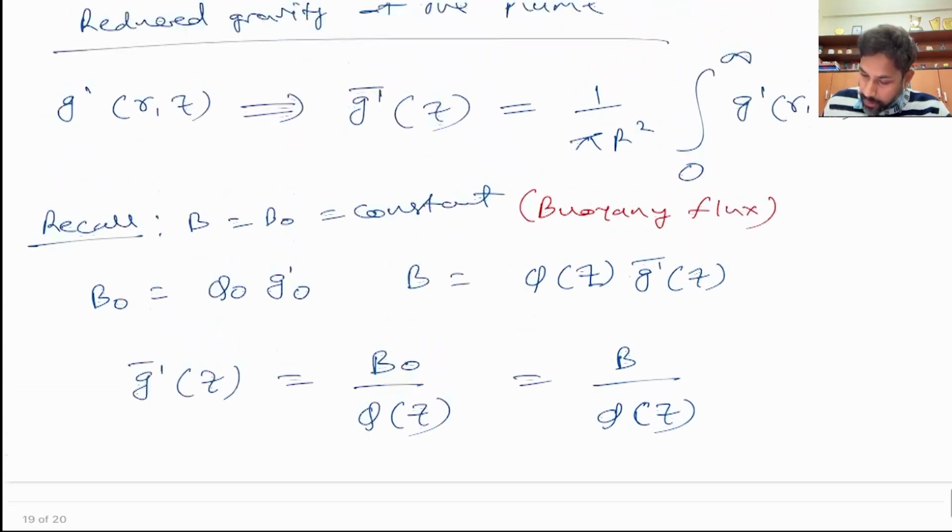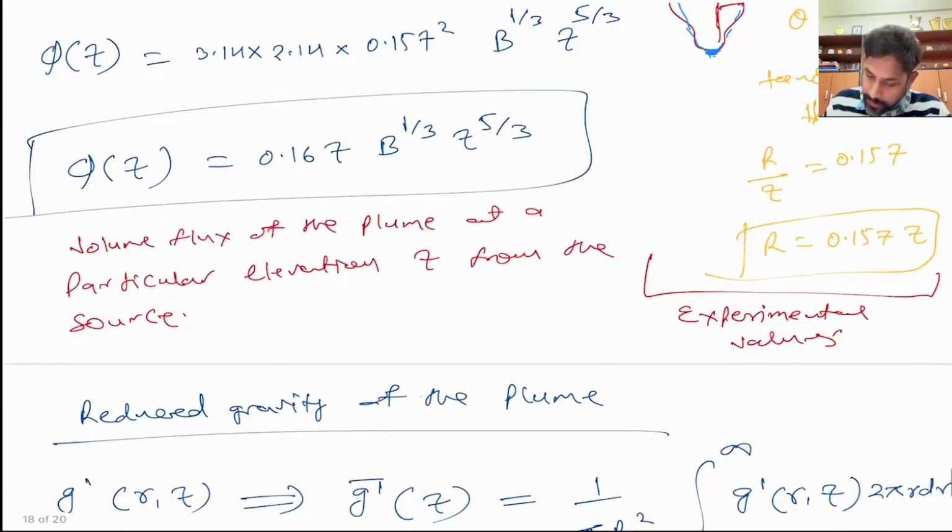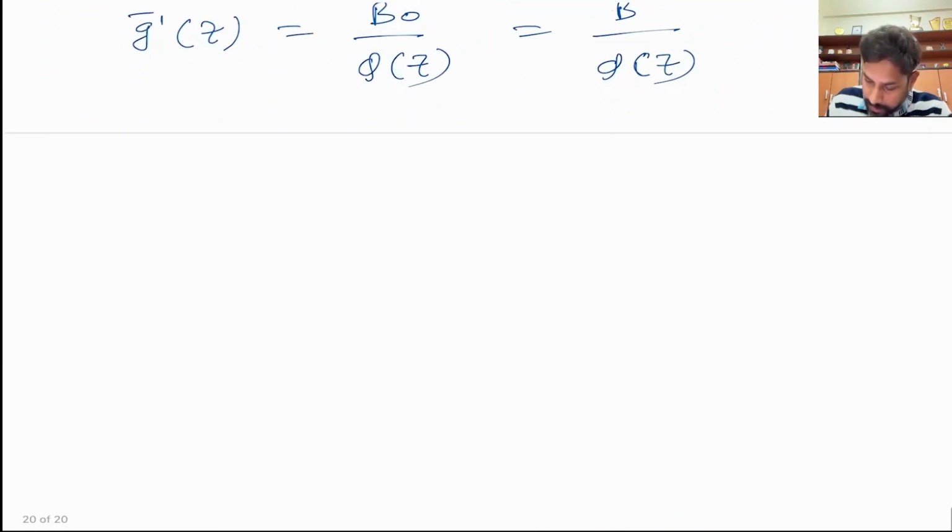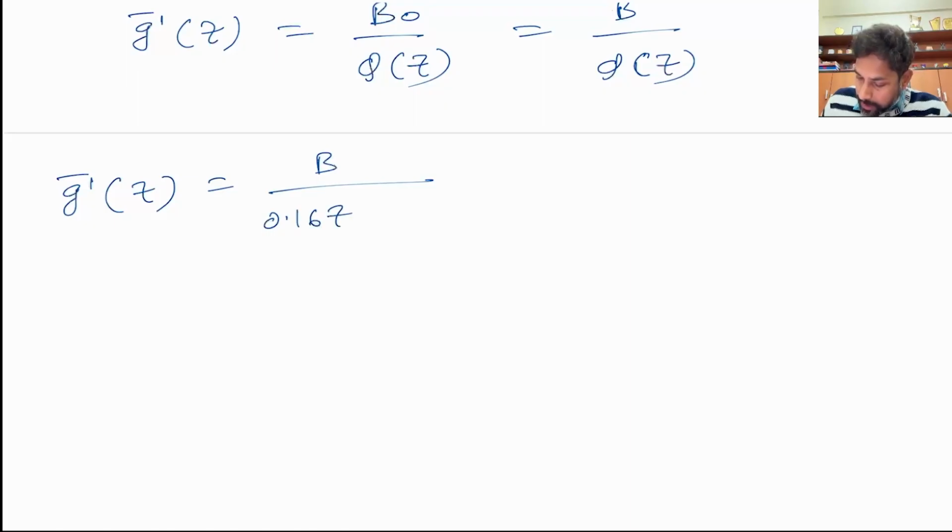All right, and we already have found Q of z, which is written here. So now to find g prime bar as a function of z, we divide B by 0.167 B to the power 1 by 3 and z to the power 5 by 3.